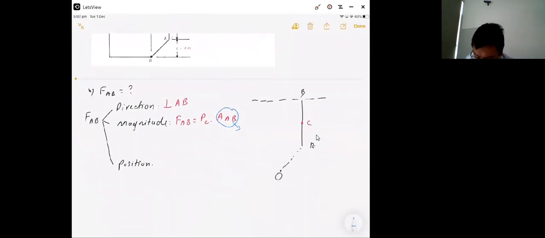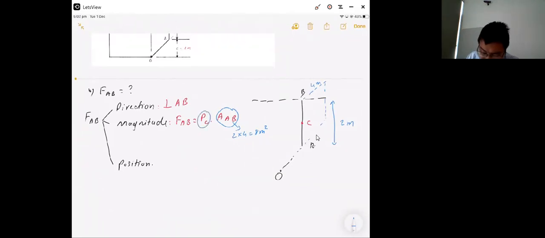So area AB will be equal to 2 times 4, or 8 meters squared. Okay, so this wall is 2 times 4.